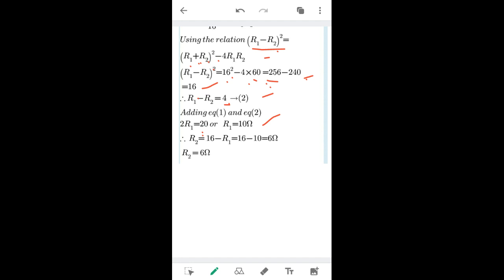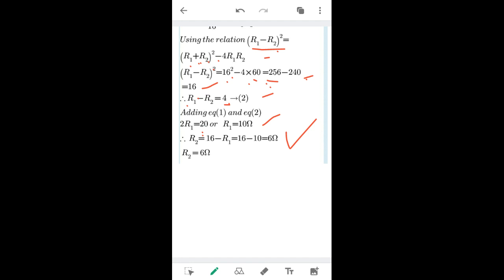Hope you are understanding these steps. Then R2: now we have got R1, substitute in equation number 2 or equation number 1. What you get? R2 equal to 16 minus R1, equal to 16 minus 10, that is equal to 6 ohm.